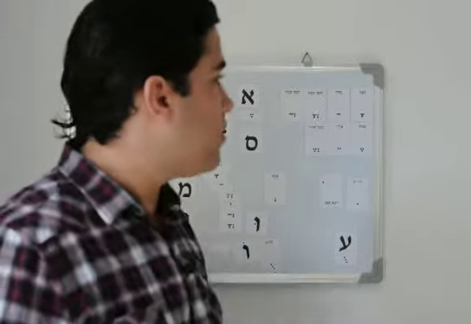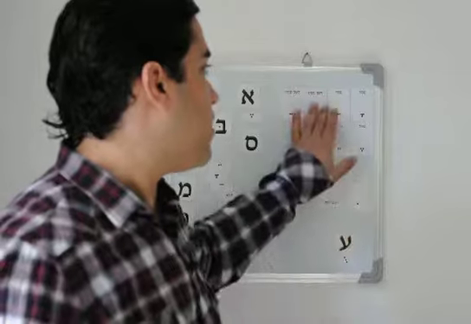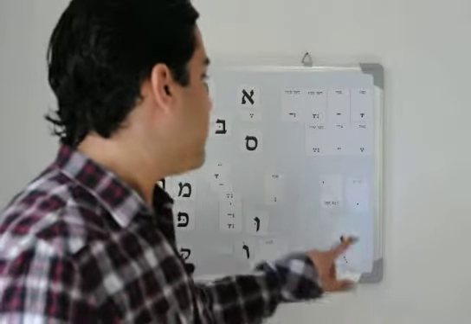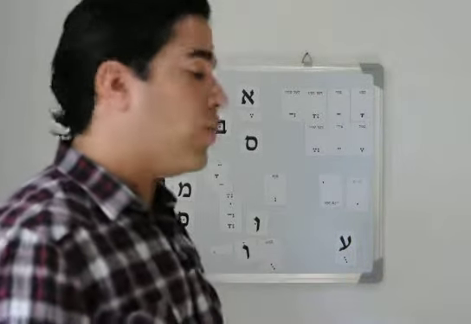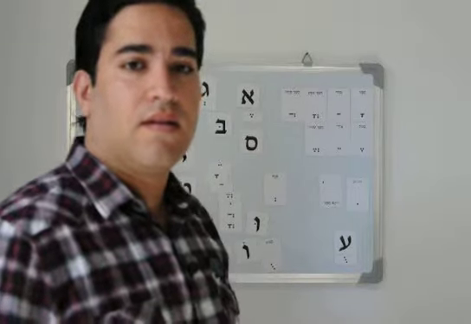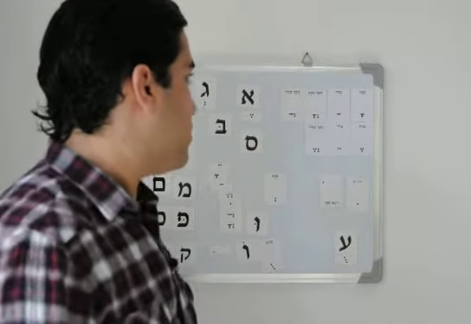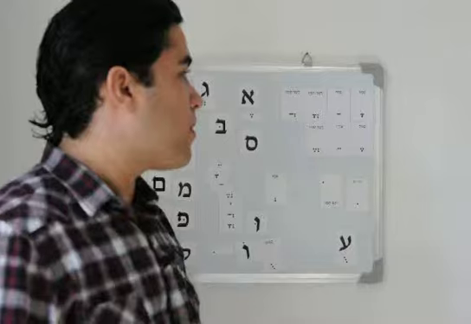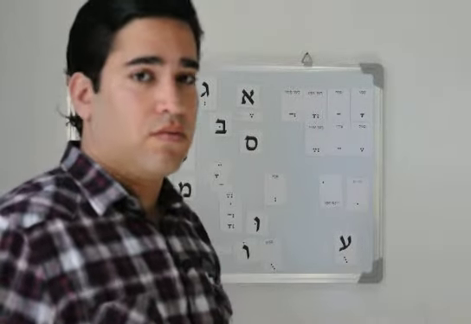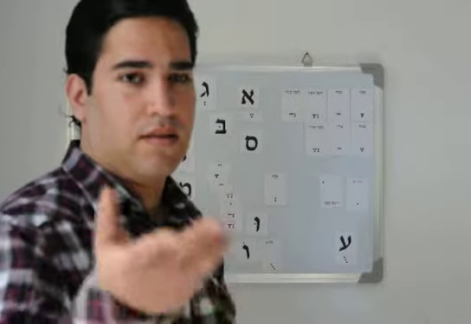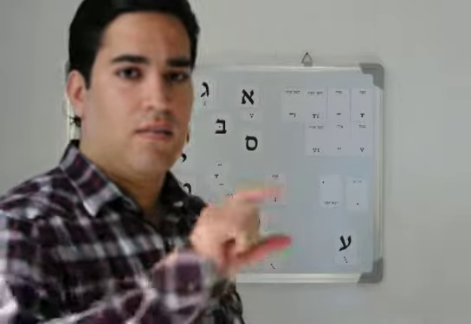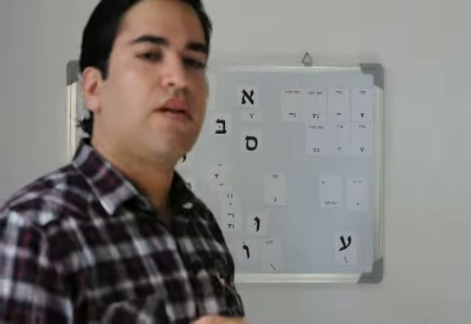It's not so hard. I think it's just 1, 2, 3, 4, 5, 6 ways to say any word in Hebrew. So the only thing you need to do is take the file that I put the link to at the bottom of this video and try to say it.